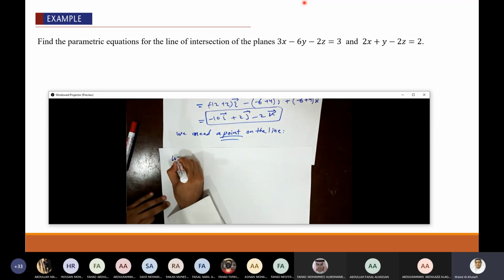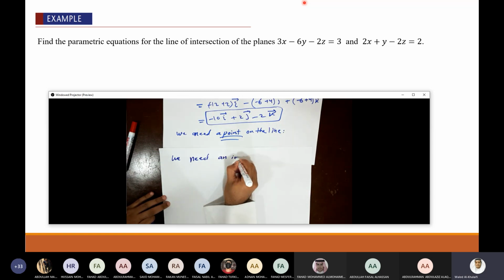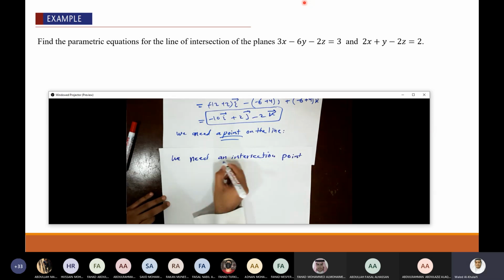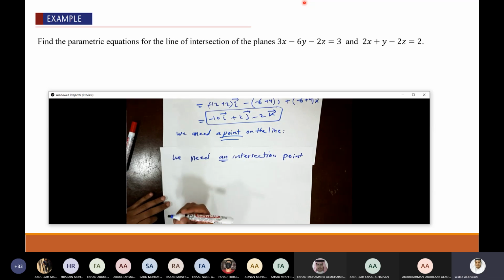We need an intersection point, just one of them, because there are infinitely many. We need one intersection point between the planes.